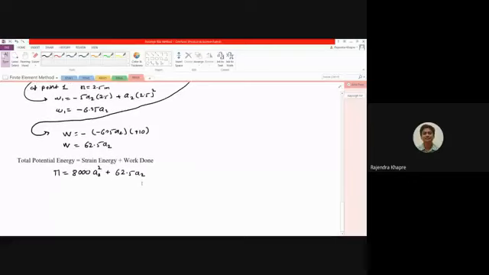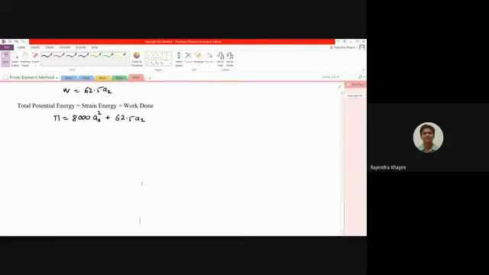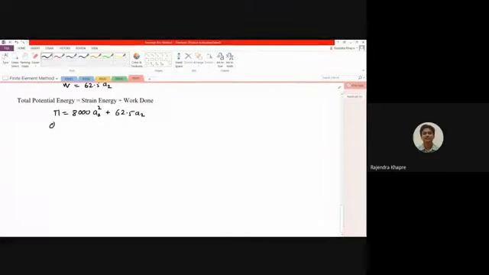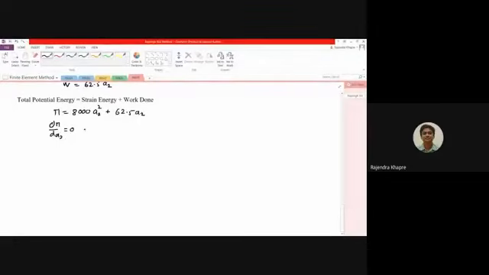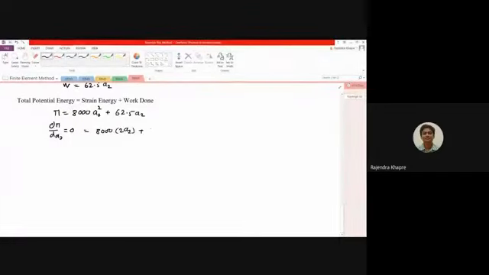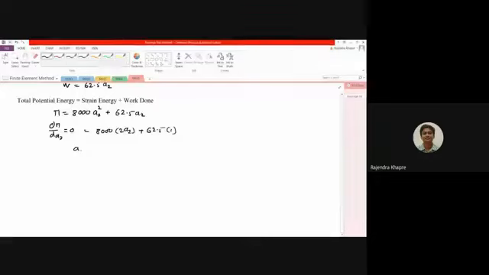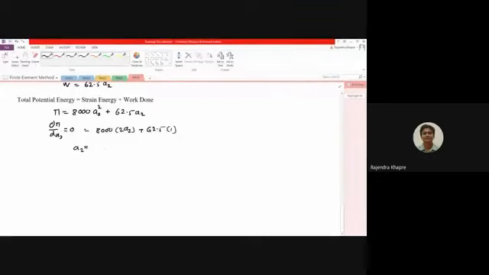Now in order to maintain the equilibrium, the total potential energy should be minimum. So in that particular case, d pi by dA2 should be 0. If you go for a derivative, this will become 8000 into 2 times A2, plus 62.5 into 1. If you solve this, you should get the value of A2 as कितना आना चाहिए बताओ?